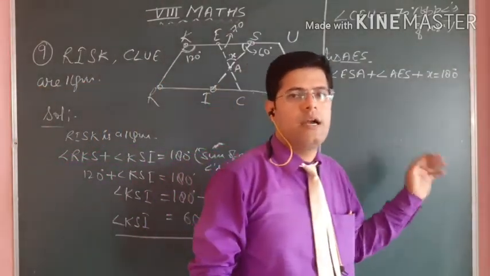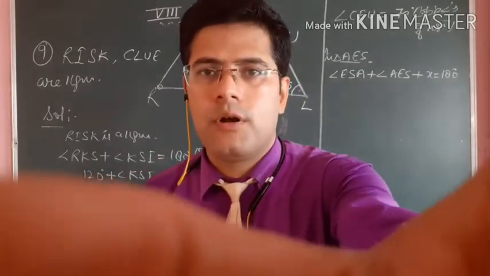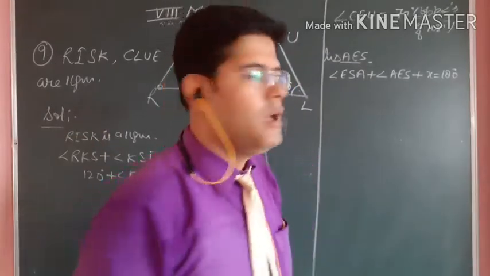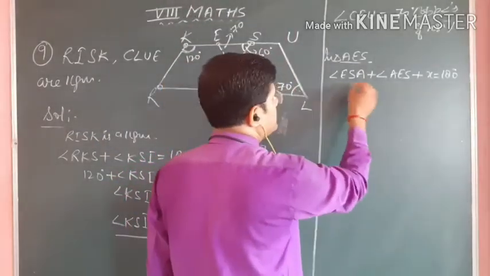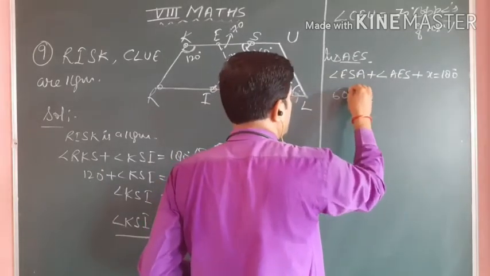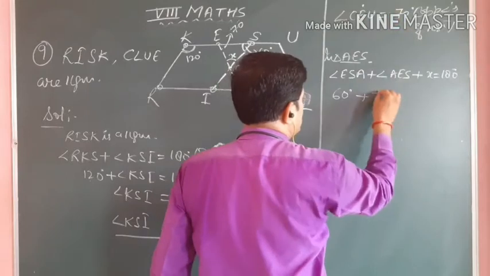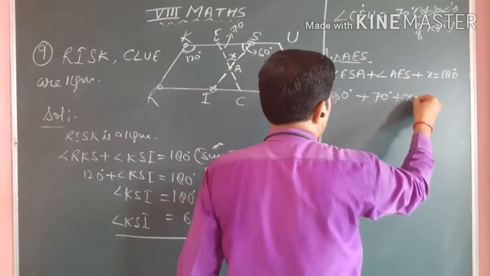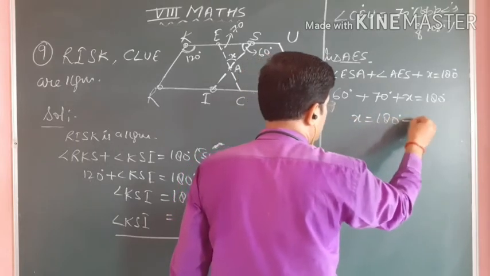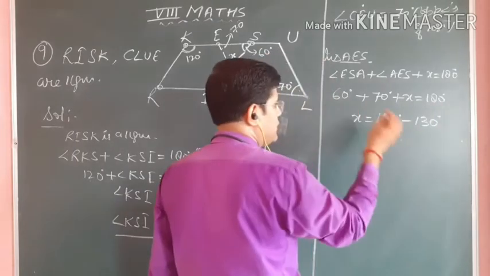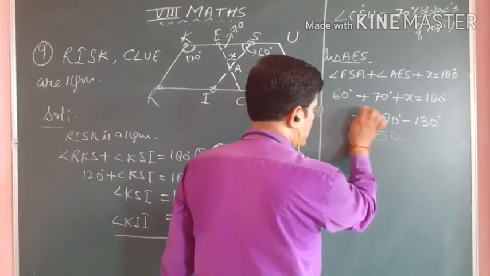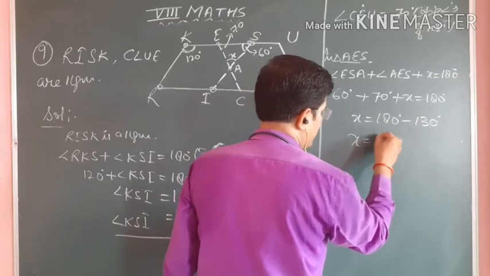Here ESA refers to 60 and AES, angle E, refers to 70 and we have to find X. Now X is equal to 180 minus 130. They make together 130. Now X is equal to 50 degrees.